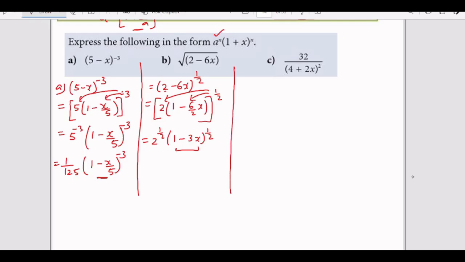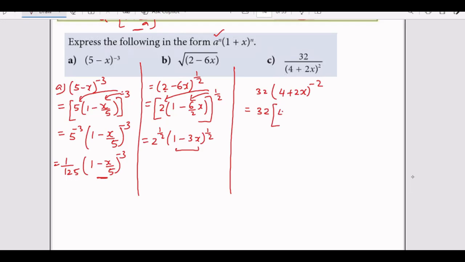Now this one here, if you see, our expression is in the denominator, so we can get rid of the denominator. I can bring it up here, so 2x power minus 2, right? So that's clear. Now 32 is already outside there. Remember, it doesn't have anything to do with the negative 2 power here.